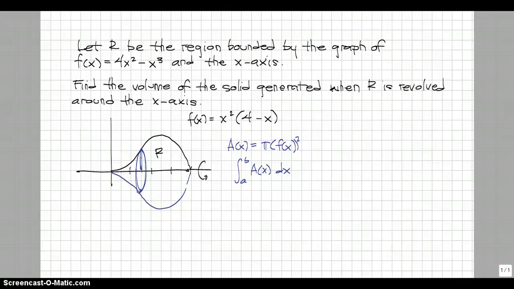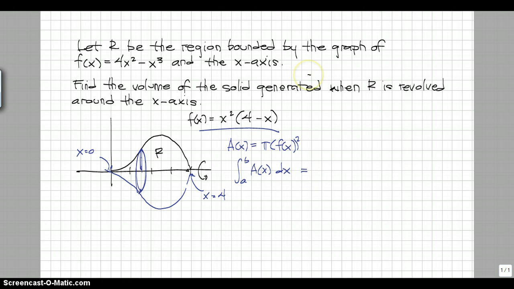And I've found an A of x formula in this case already, so the last thing I need to do is define my interval before I can integrate. So obviously our region starts here at x equals 0 and goes until x equals 4. That was part of what I figured out when I was looking at the factored form of the function.